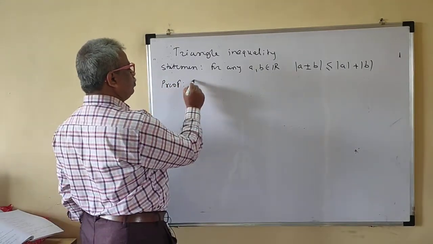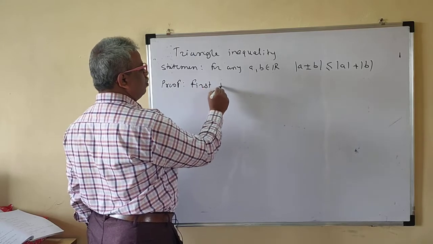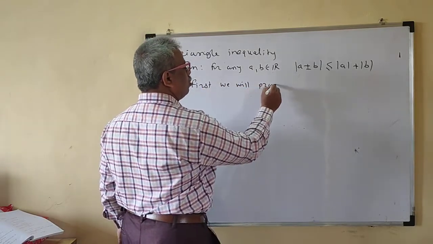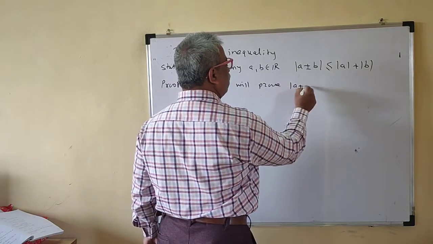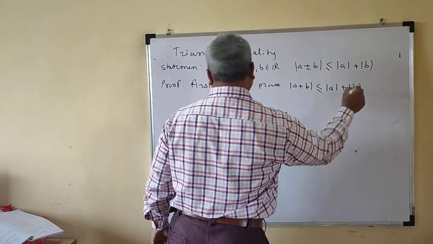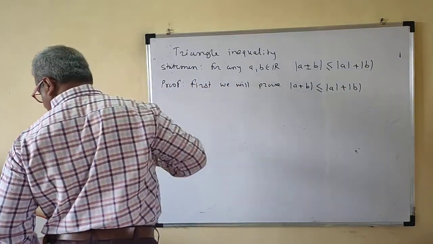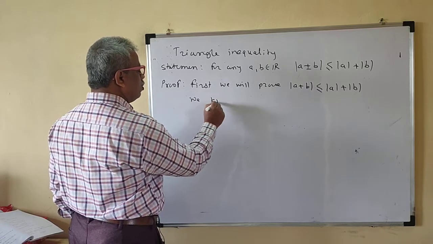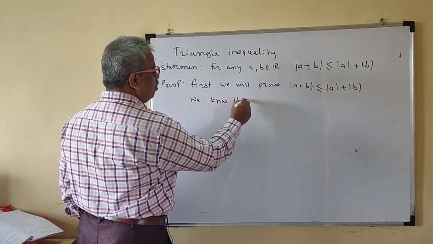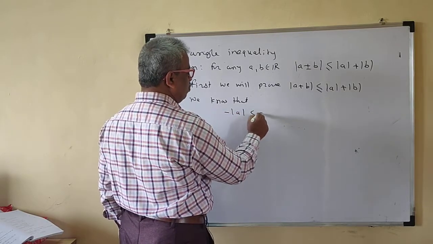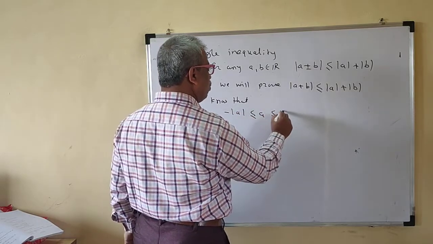Proof. First we will prove mod of a plus b is less than or equal to mod a plus mod b. So we know that minus mod a is less than or equal to a, less than or equal to mod a.